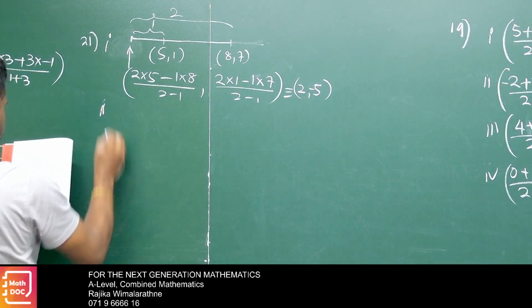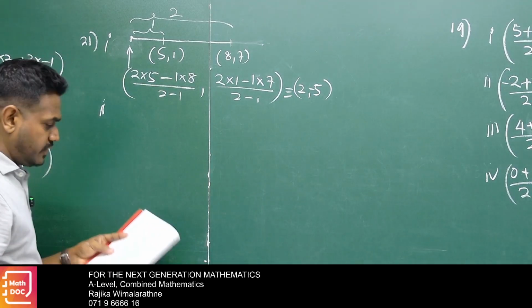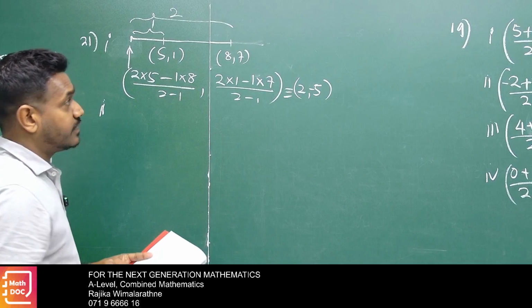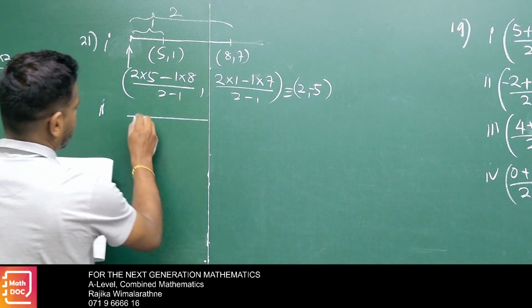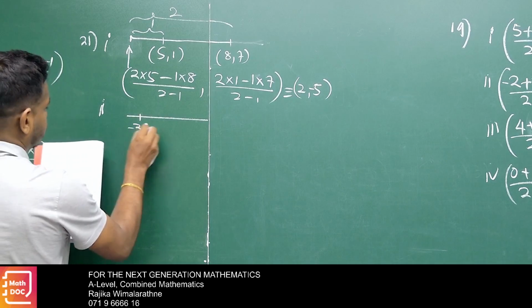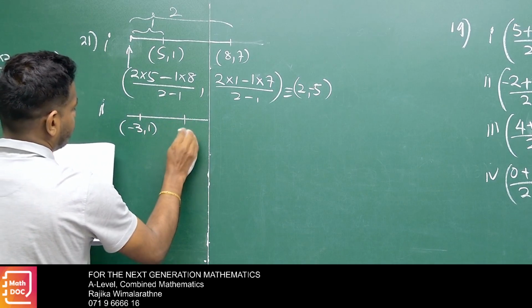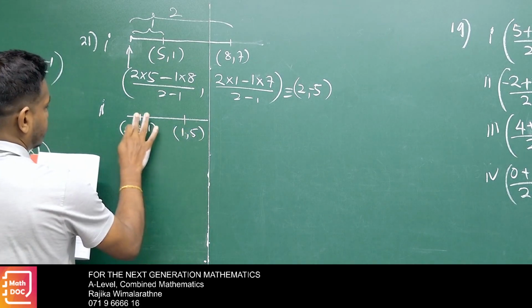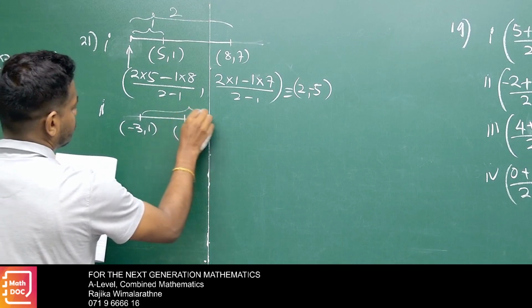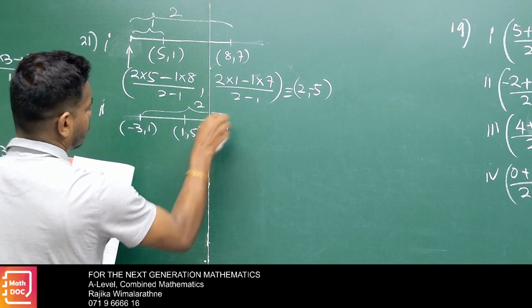Second one, don't just write, you think and do. So I'm doing here to practice it. Then here (minus 3, 1), (1, 5), 2 to 1 external division, first coordinate ratio 2, second 1.